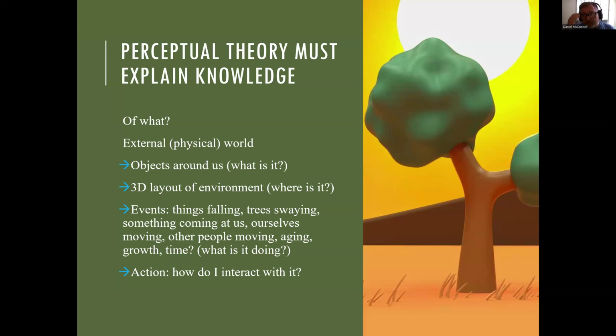events, right? So I see a person, but I also see a person that's doing something, right? They're walking, they are waving at me, and so forth. I have in the list here, I see something fall and break or bounce. I can see tree branches swaying in the wind.